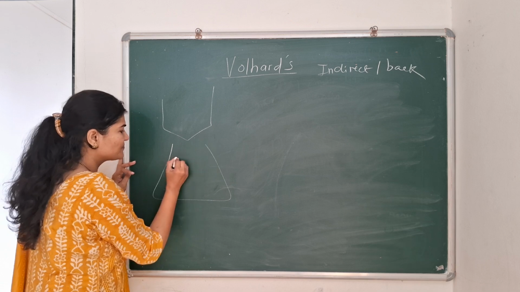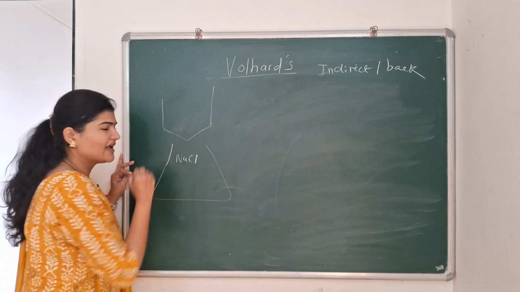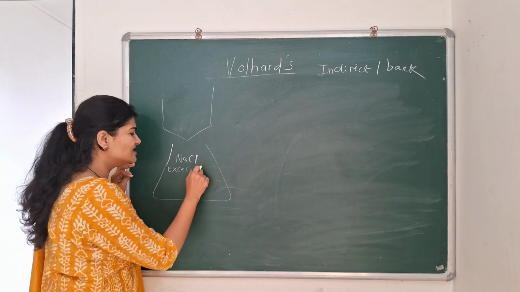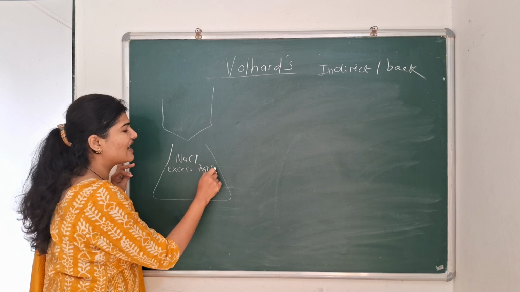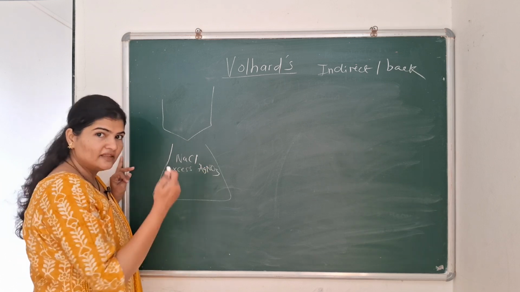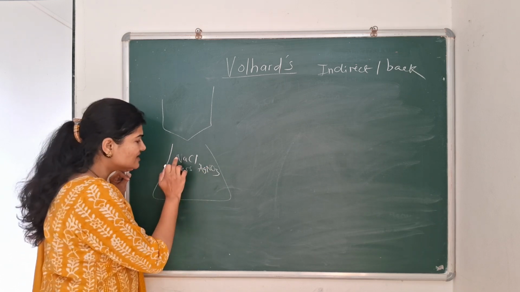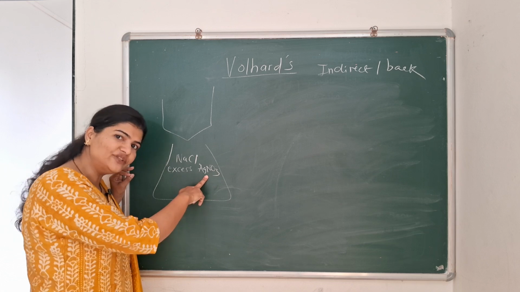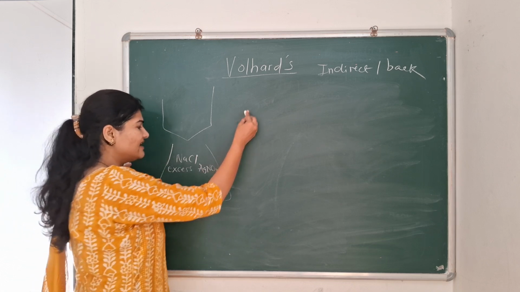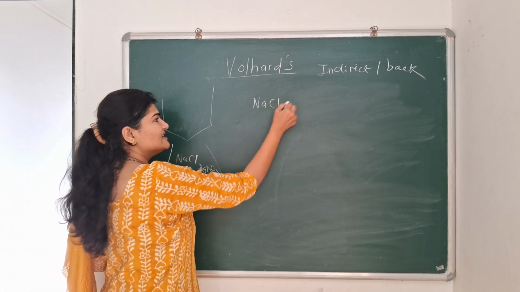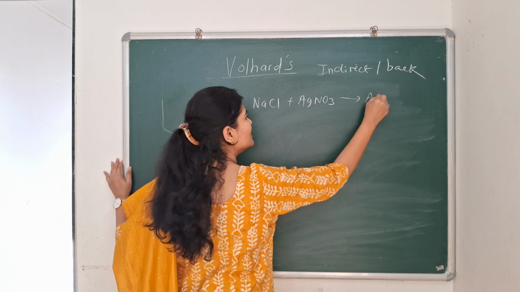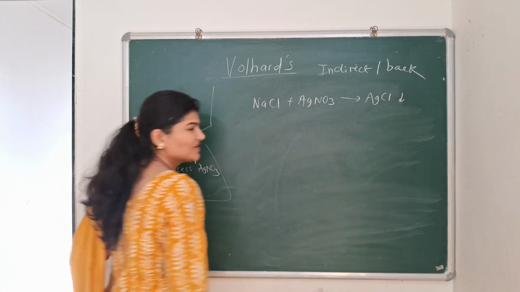I will be taking NaCl solution, which is my analyte, and I will be adding excess of AgNO3 in the conical flask itself. Now what will happen? The sodium chloride will react with the AgNO3 in the conical flask itself, and the reaction will be somewhat like this. NaCl reacts with AgNO3 to give me AgCl PPT, right?